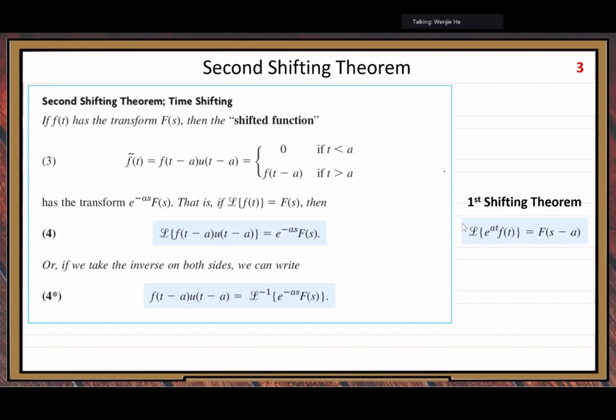At the t side, you have an e factor. You see? Some interesting relationship. So these are the two shifting theorems. Let's prove the two versions quickly.